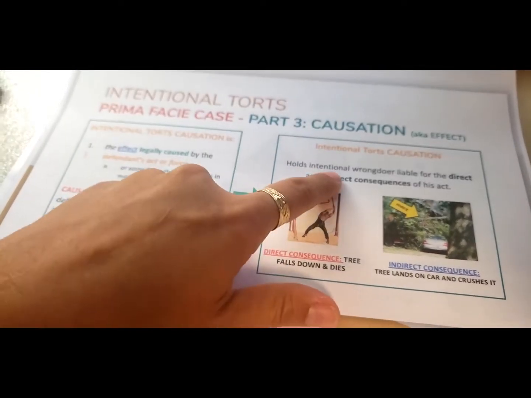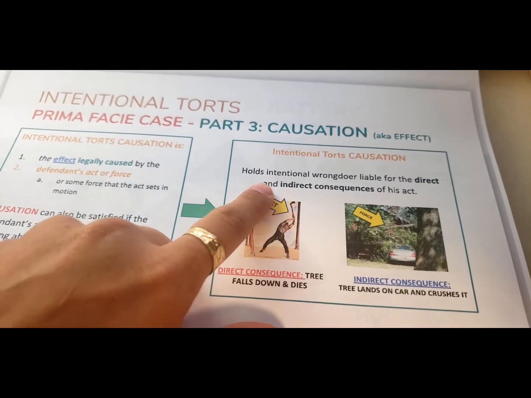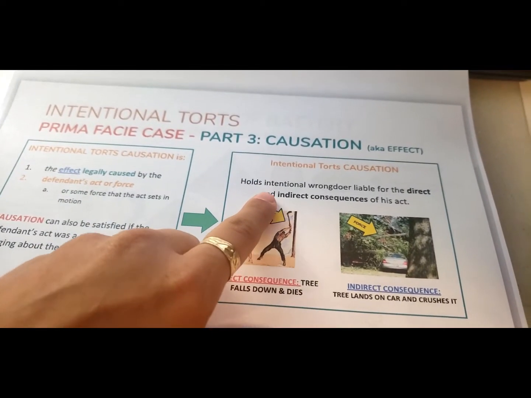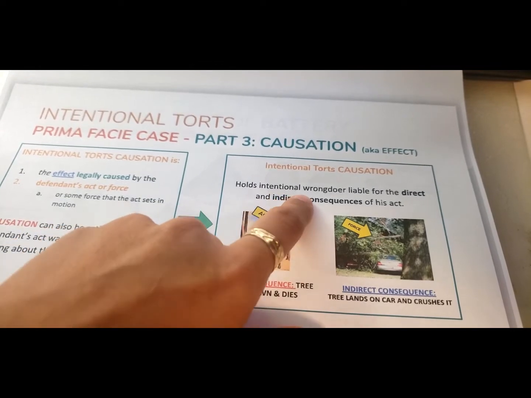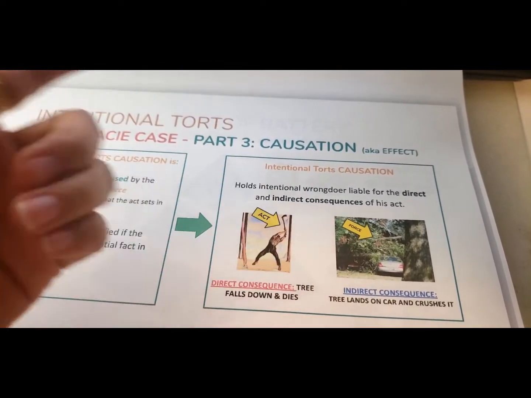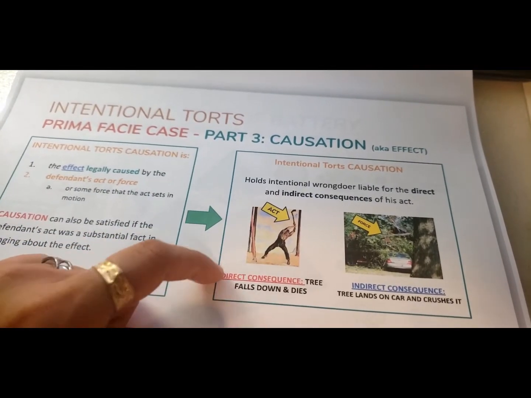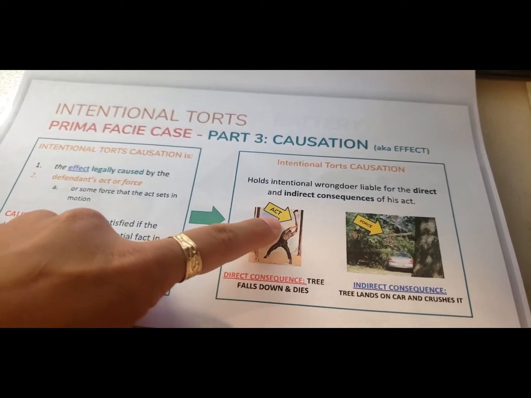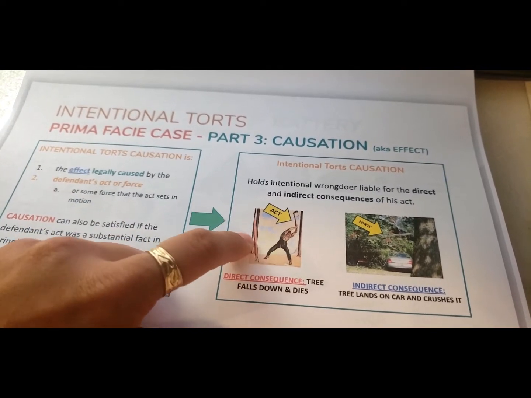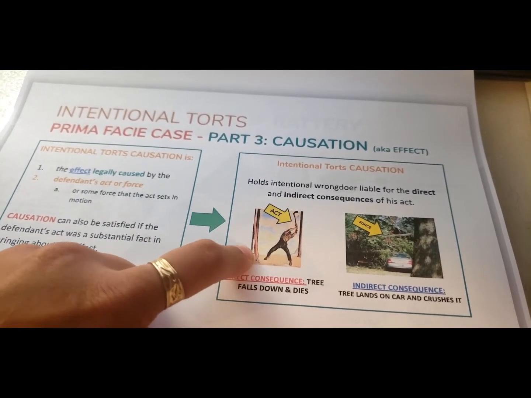So let's just say for causation right here, we're looking at causation, right? And here in intentional torts, we're looking at that the intentional wrongdoer is liable for the direct and indirect consequences. Well, what does that mean in the abstract, right? So I illustrate the act is swinging your arm with the axe in your hand to knock down the tree, right?